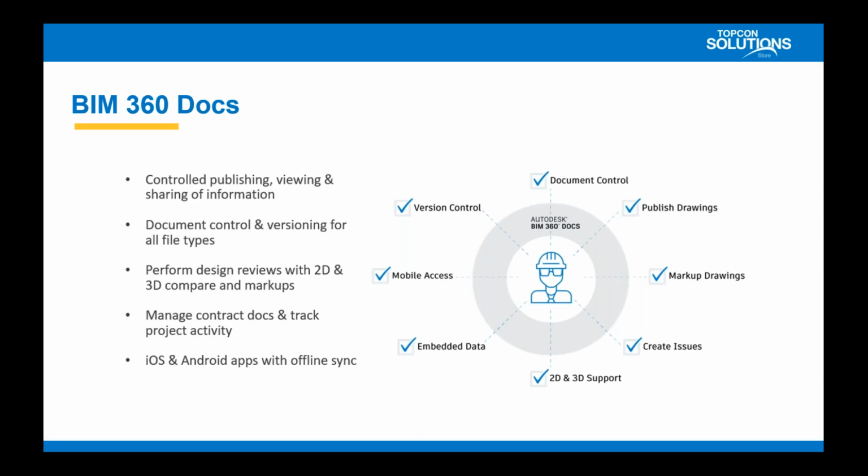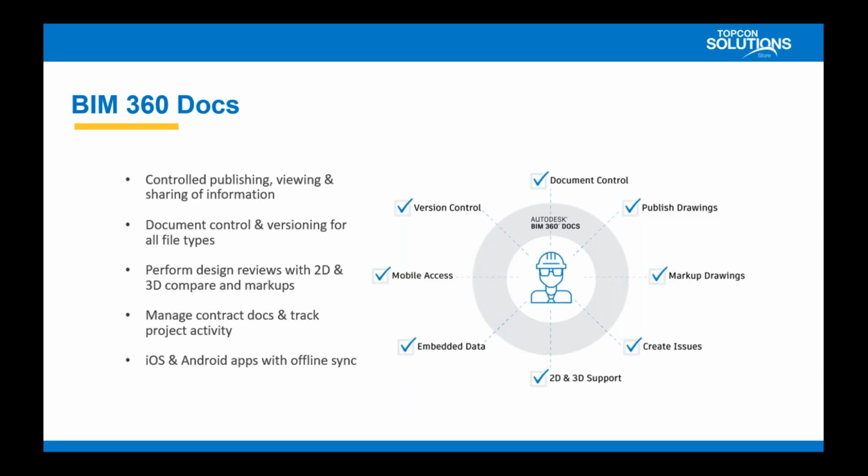Because, again, going back to that statement, it's not all about the models, but also that metadata that comes with it. And in terms of the RFIs and the submittals, we all know there's so much that goes into a construction process that, again, Docs is that baseline of holding all of that data.